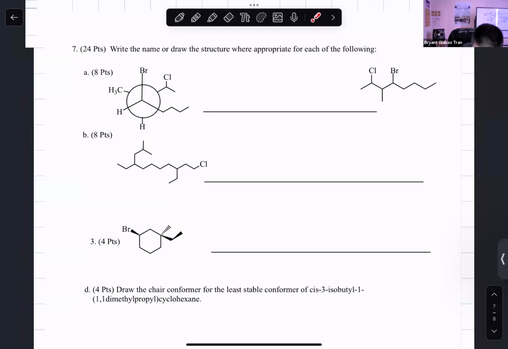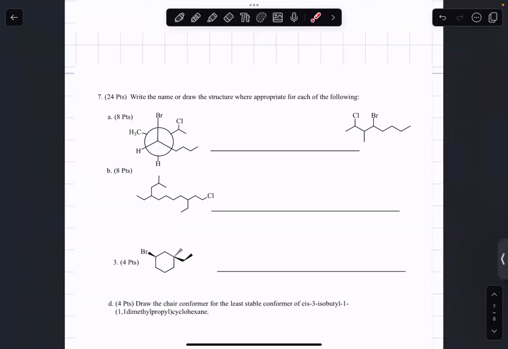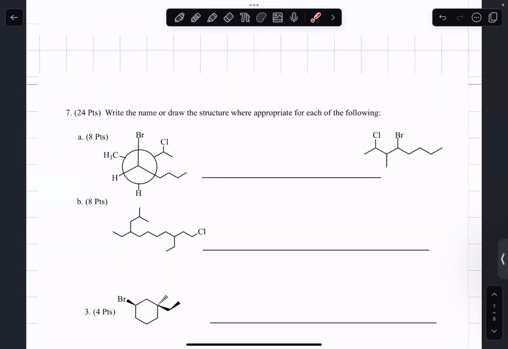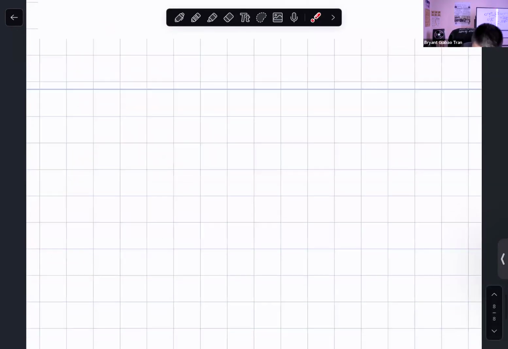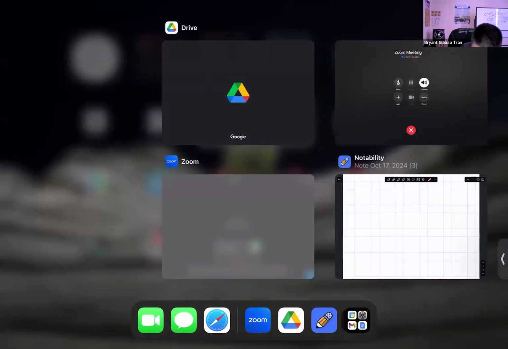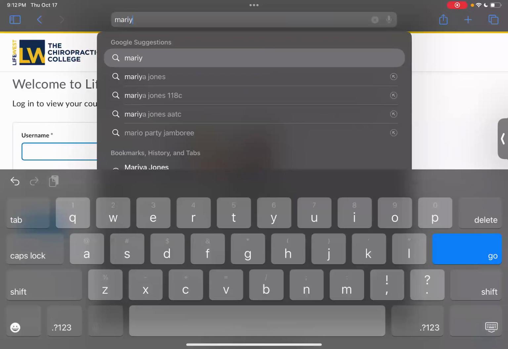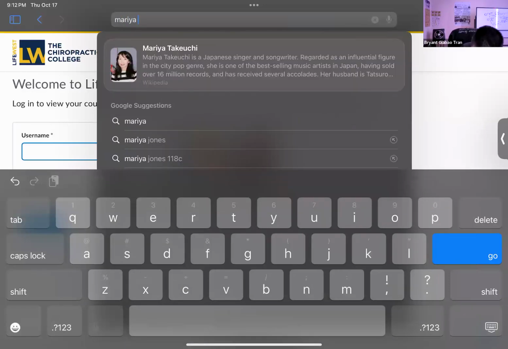Okay, nomenclature, like these questions right here. Before we do that, let's do converting a Newman projection to bond line form with the stereochemistry.